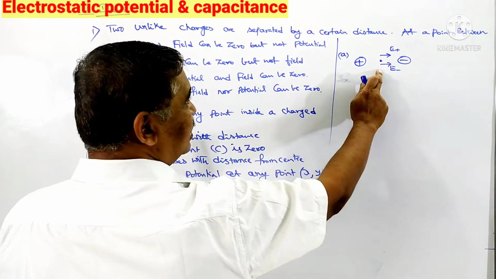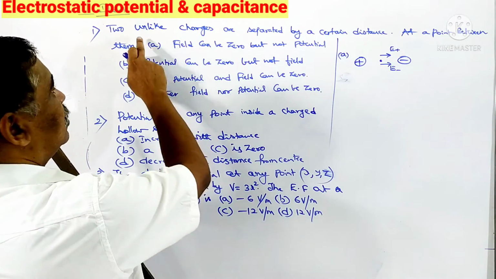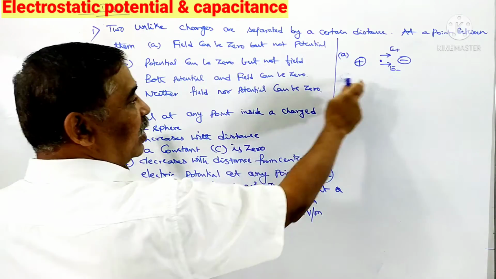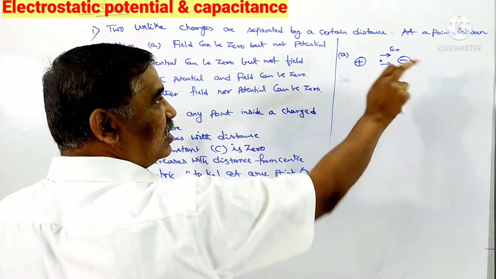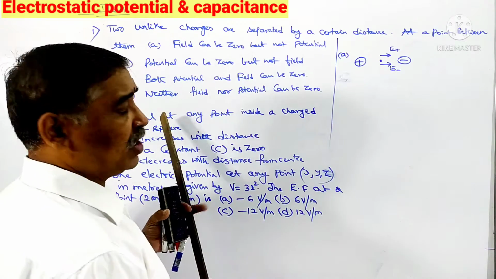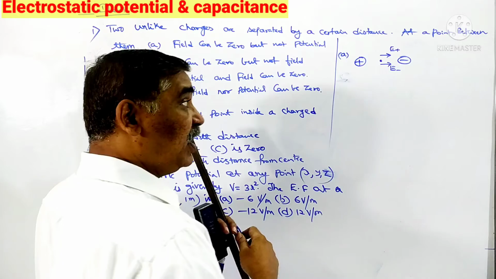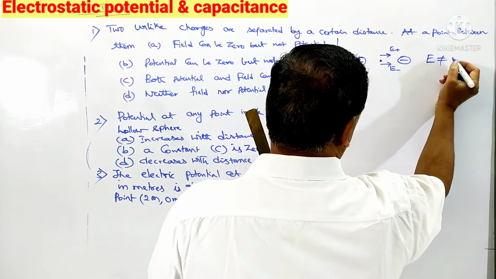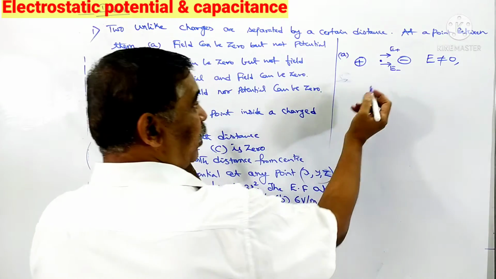At this point there is some electric field. So we want at a point between them, field can be zero, it cannot be zero. So therefore option A will drop. Of course if we take here field, the resultant electric field is not equal to zero. I write here E is not equal to 0, but potential can be 0.